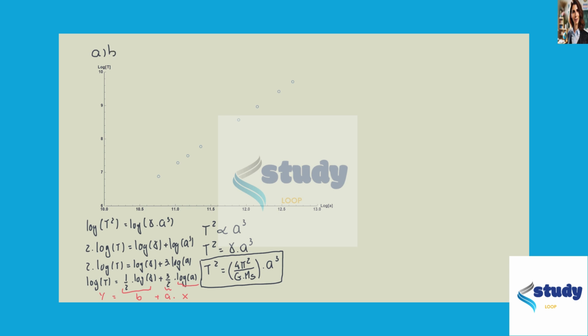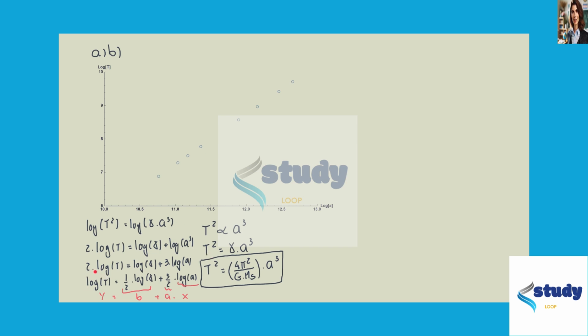In the second item, we still use this plot and we still use all of these equations. We have to tell what would be the coefficient of that straight line according to Kepler's third law. According to Kepler's third law, we know that t squared is equal to this complicated coefficient times a to the third. Then, by taking the logarithm of both sides, we get the following.